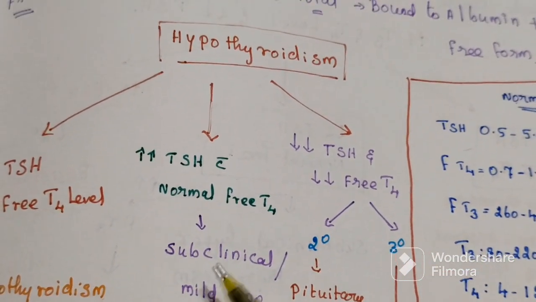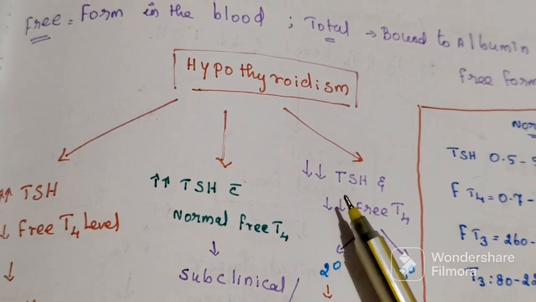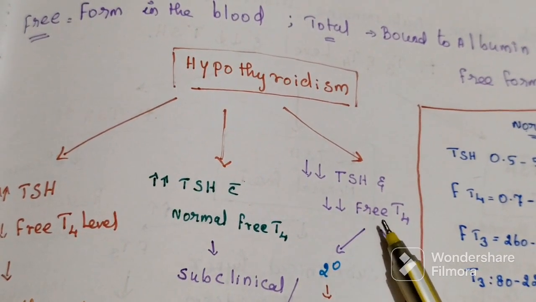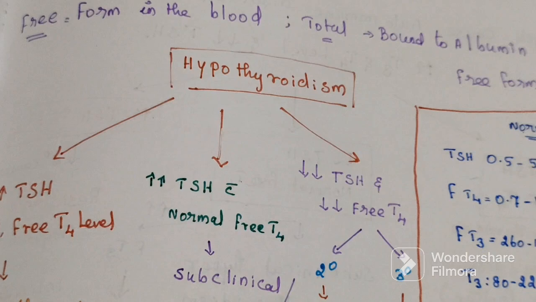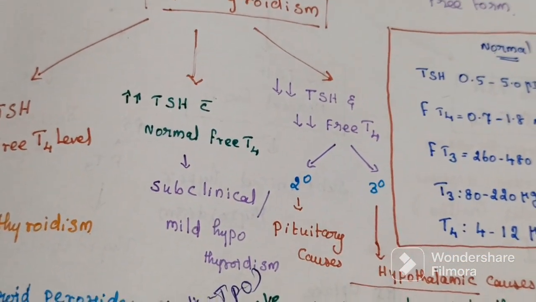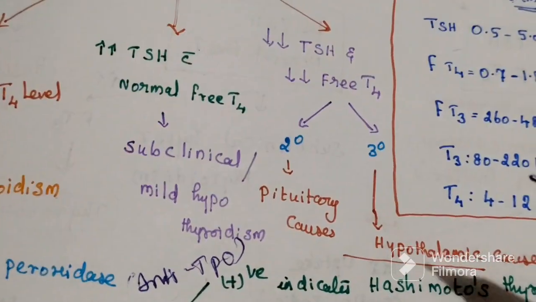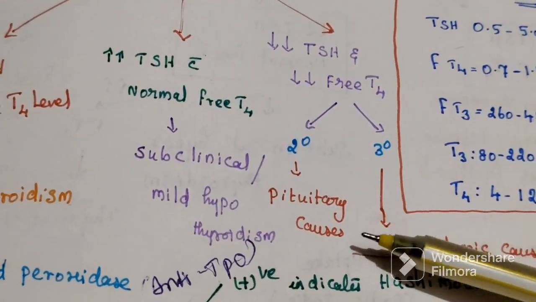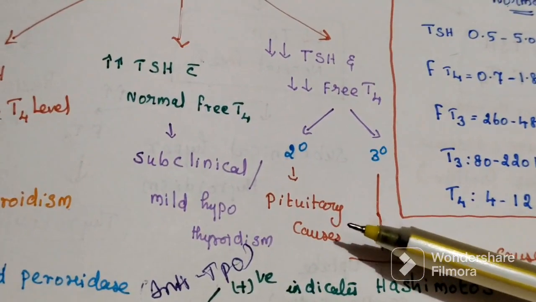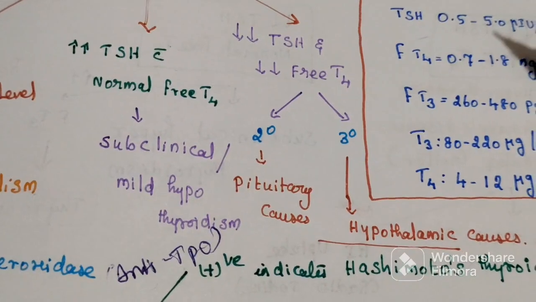Third condition: decreased TSH level and decreased free T4 level. Then go for secondary and tertiary causes of thyroid disorder; secondary disorders are pituitary causes, tertiary disorders are hypothalamic causes.